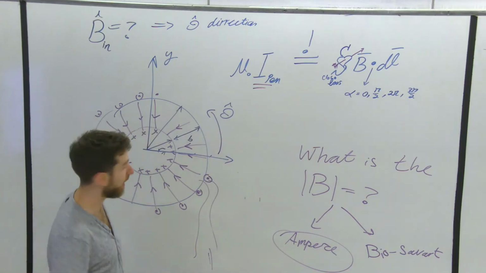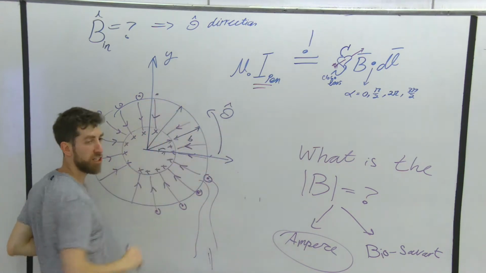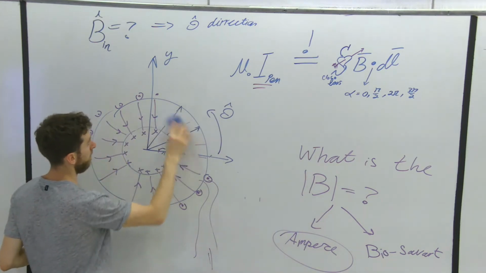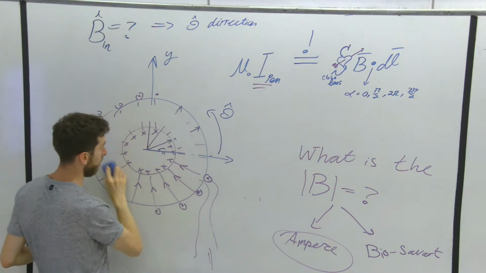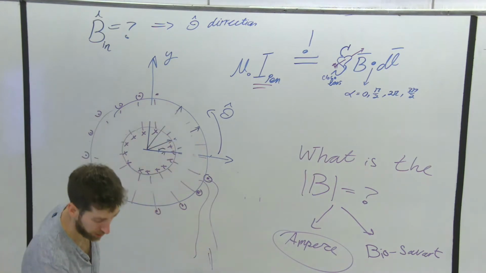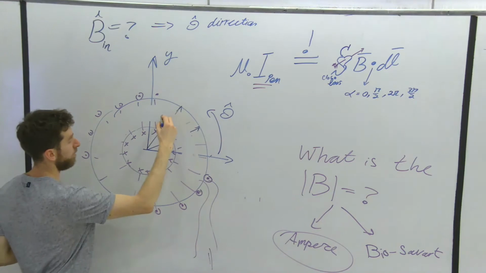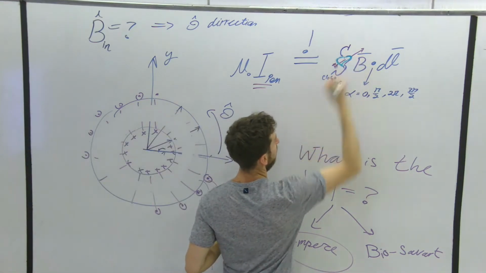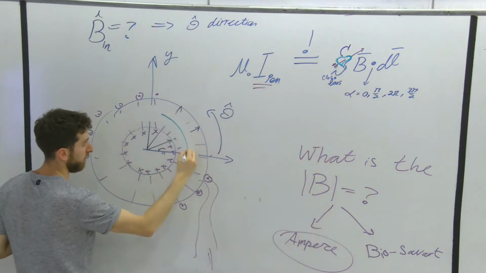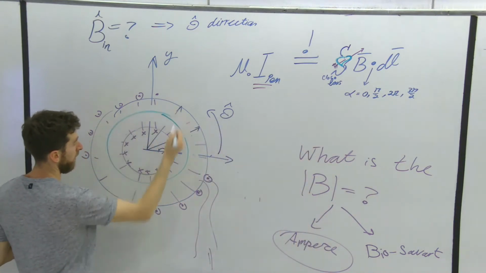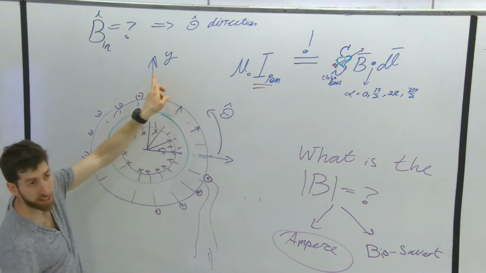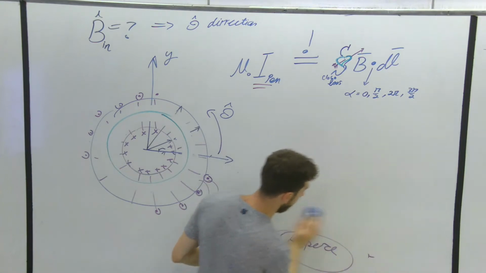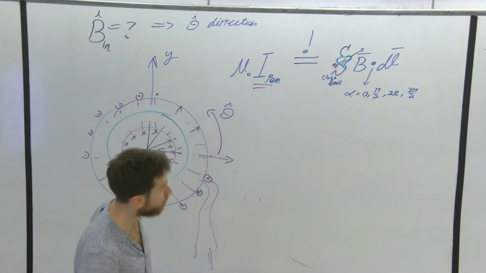If I know that the magnetic field is always tangential, it's gonna be really easy for me to choose the loop to be like this, right? It's not the green. The loop right now is in green. So the loop is like this, and the magnetic field is in the theta direction, right?